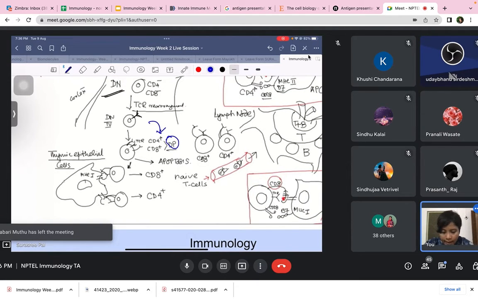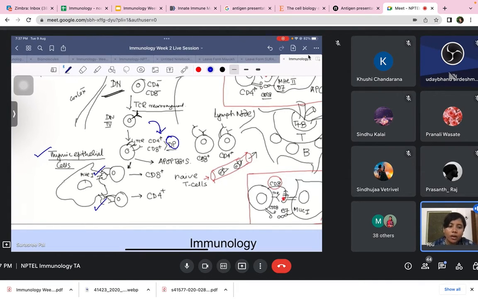right? And then these double positive cells now undergo various types of selection. That happens with the help of the thymic epithelial cells. So what do they do? They present some of the antigens via these MHC1, MHC2 molecules, right?